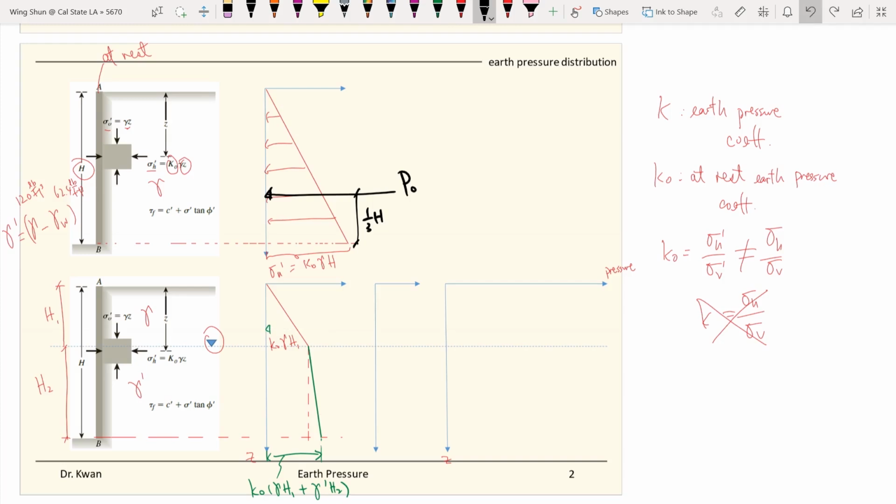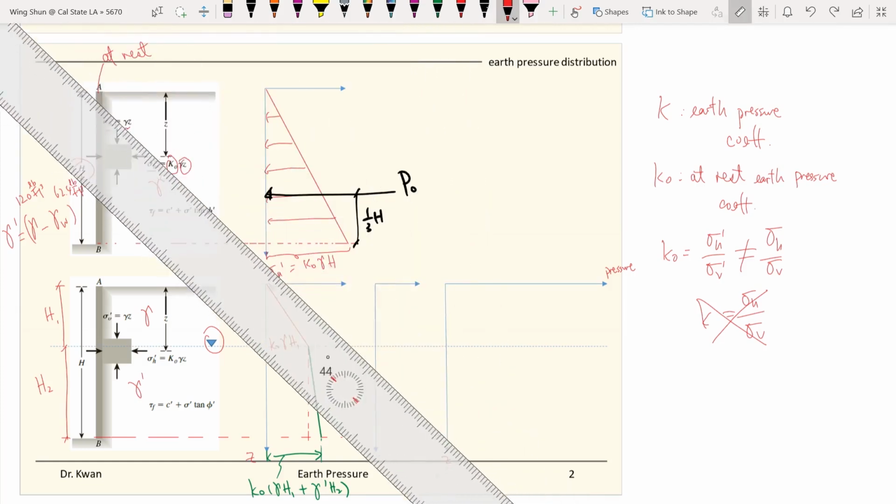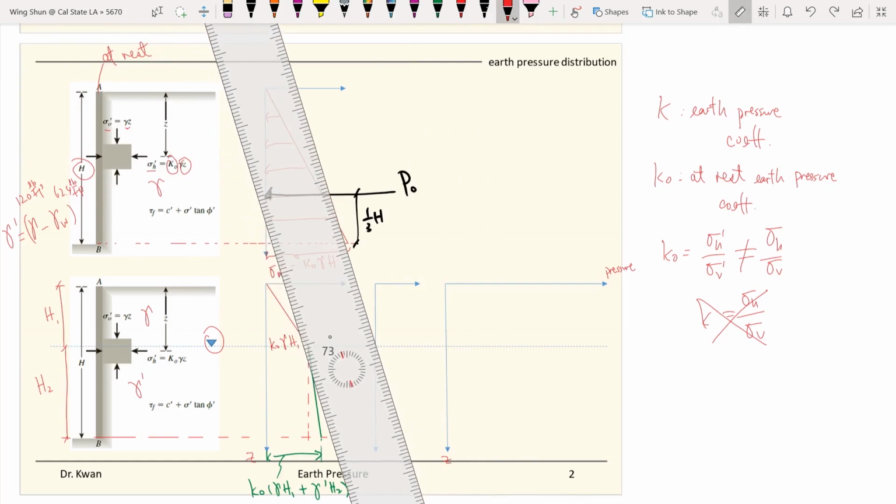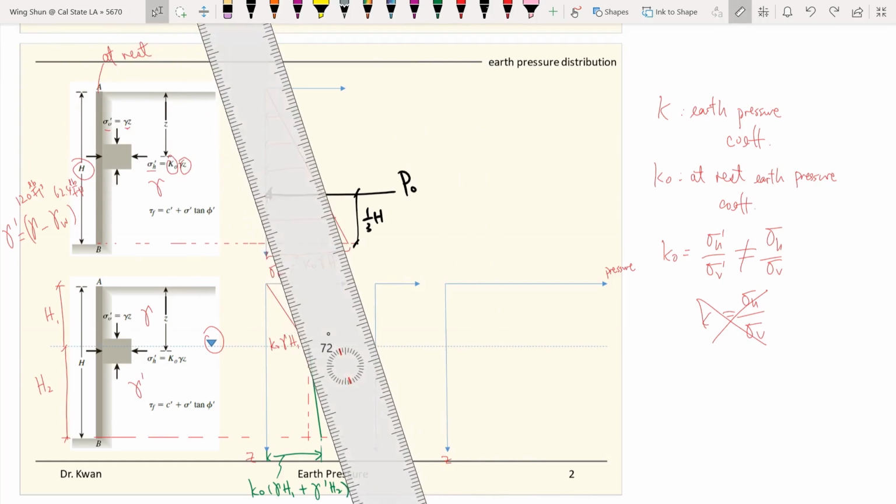So that's pretty much the stress distributions for the soil, and then don't forget we still have the water part. The water pressure will increase linearly since encountering the water table.